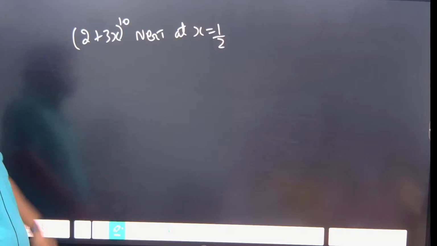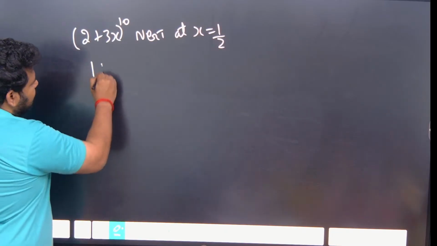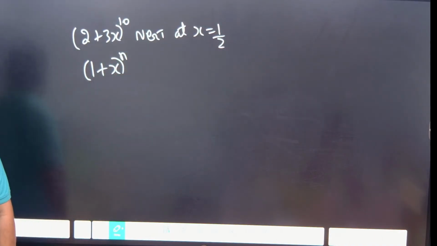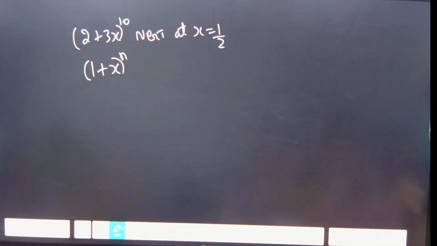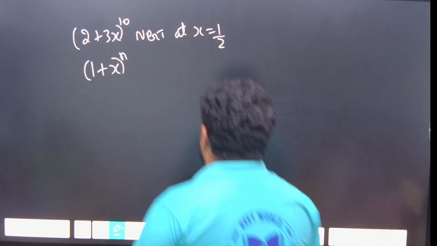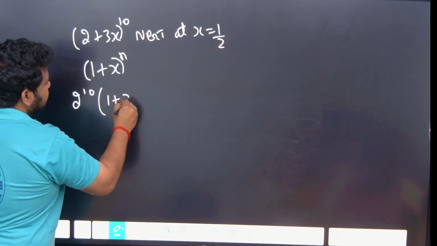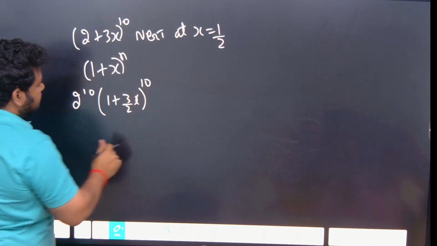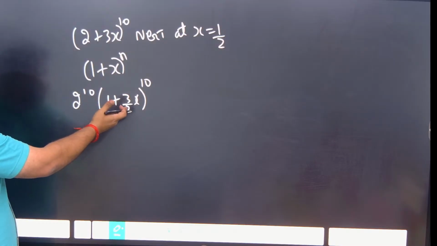2 plus 3x to the power of 10. Now what will happen? First, what did I tell you? I have to bring it to the form 1 plus x to the power of n. If I have to bring it to that form, what should I do first? I should take 2 common, correct? So this will become 2 power 10 into 1 plus 3 by 2 into x.